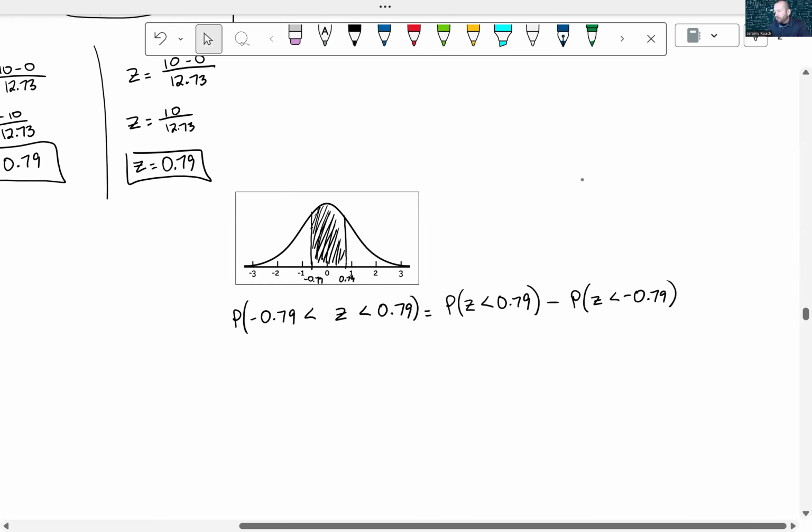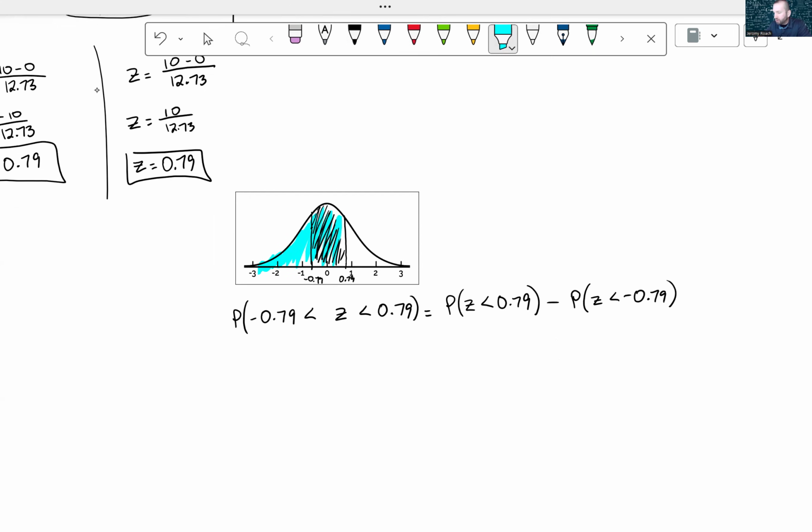So again, the probability that z is less than 0.79, that would be all of this blue stuff here. And then we're going to minus out the probability that z is less than -0.79, which is all of the red. And when we subtract that out, we're just left with the black region in the center. And that's going to give us our overall probability of where z is between these two values.